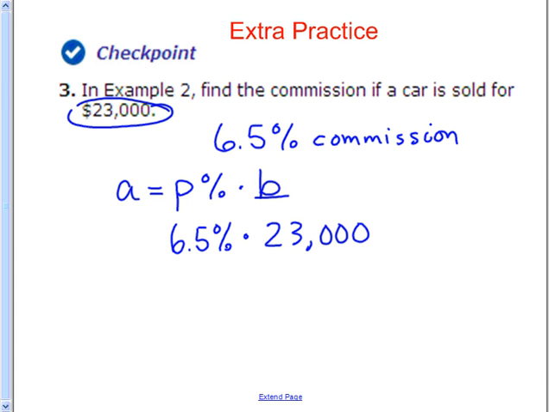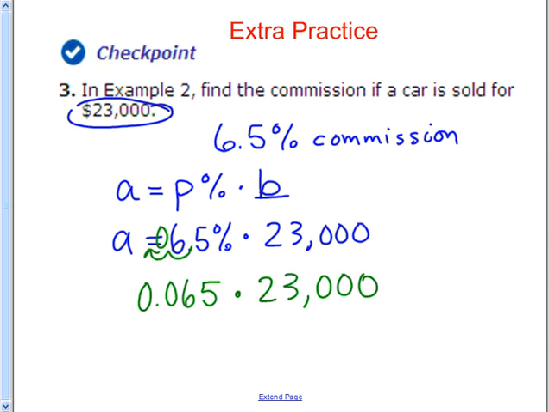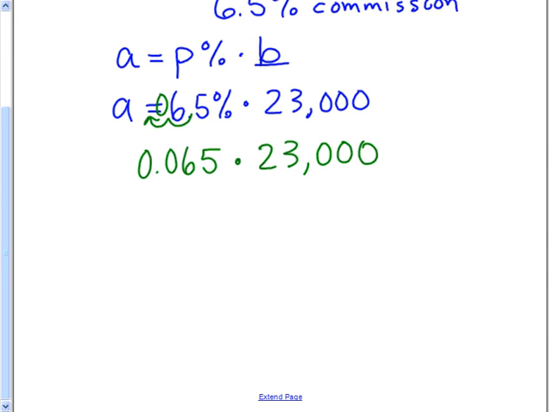So it looks like I have to find 6.5% of that in order to find A. 6.5% can be written in its decimal form as 65 thousandths times, or of, $23,000 car.